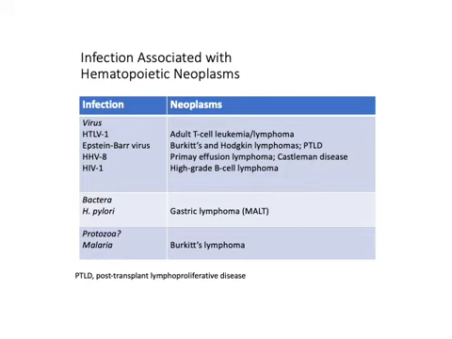H. pylori bacteria has been associated with gastric lymphoma. In fact, patients with gastric lymphoma may be treated by simply eradicating H. pylori. There is also an association between malaria and Burkitt's lymphoma.